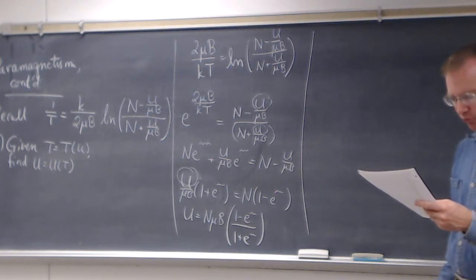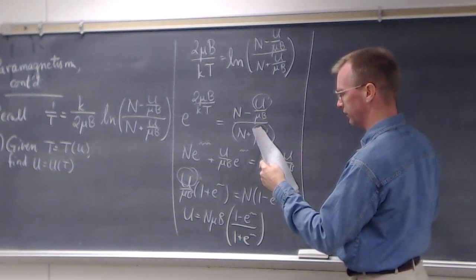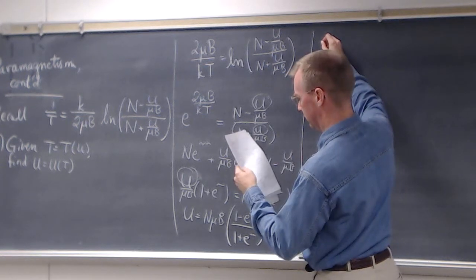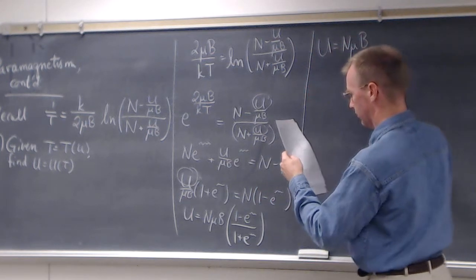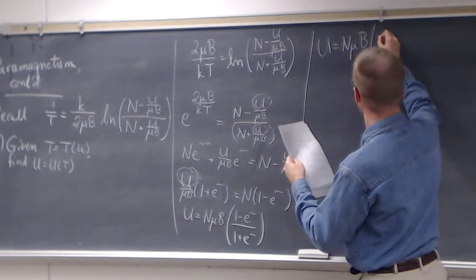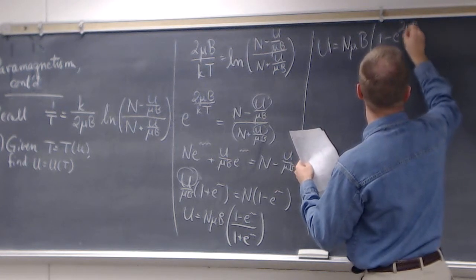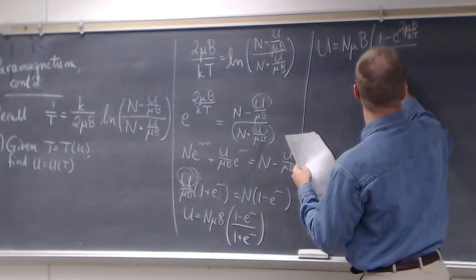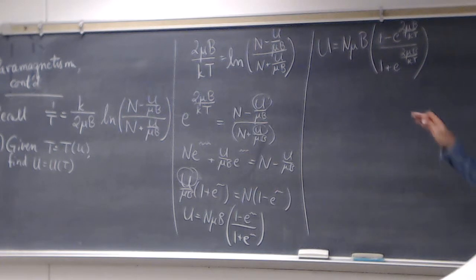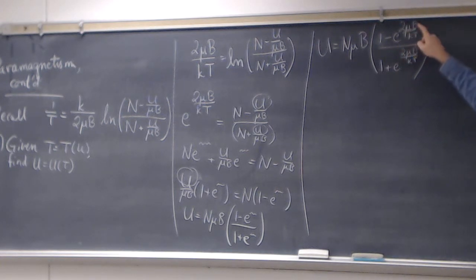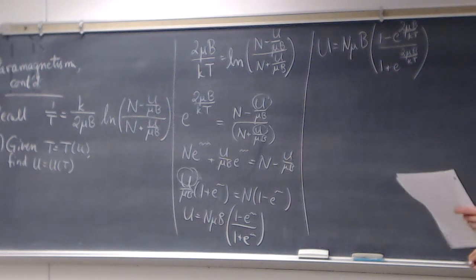Now, let me expand what was in that exponential. So u equals n mu b times 1 minus e to the 2 mu b over kT divided by 1 plus e to the 2 mu b over kT. Yes.